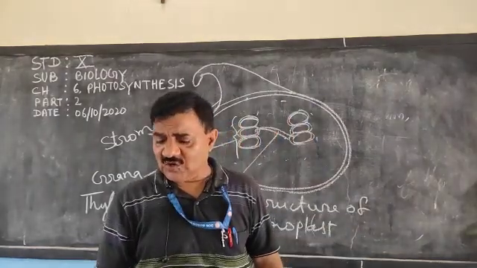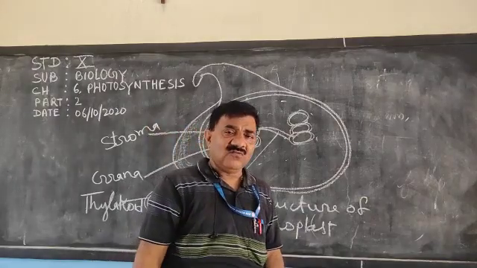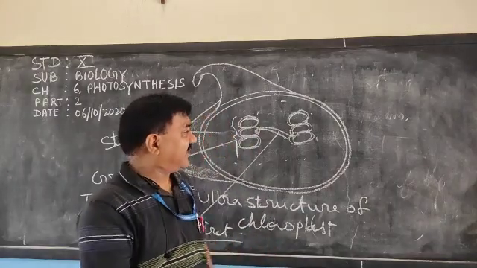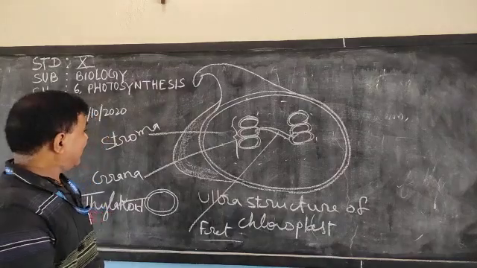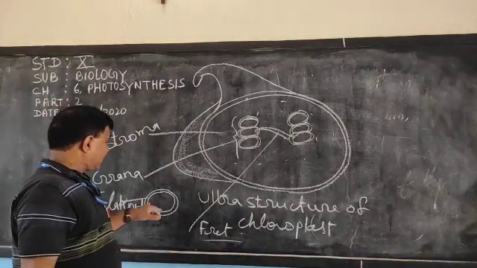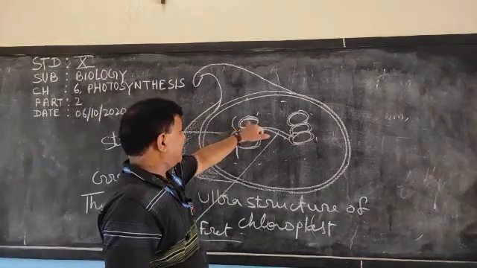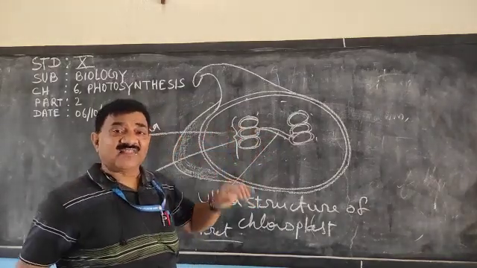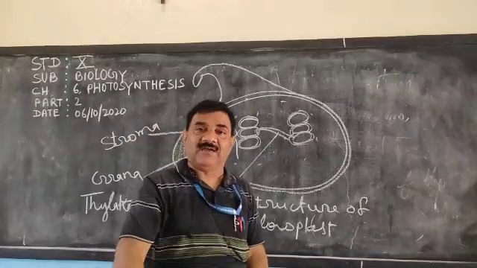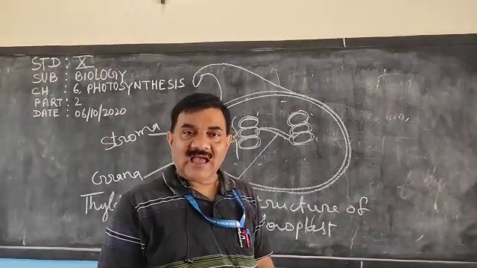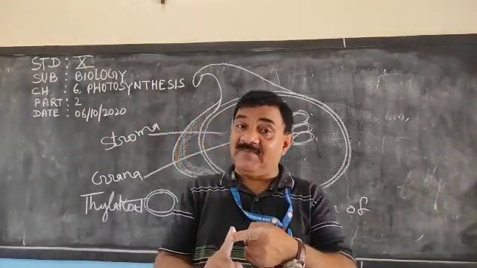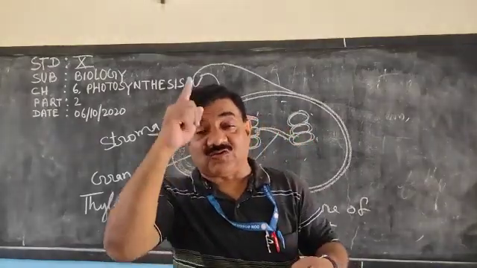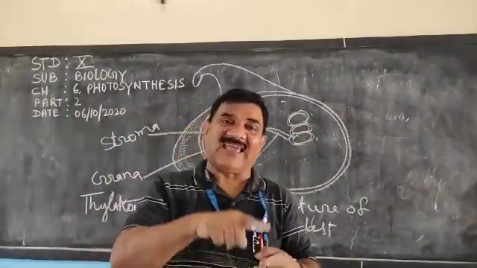And why is the chloroplast necessary? That part is important, because these thylakoids, you can see 1, 2, 3 thylakoids here, have walls containing a green pigment, and that green pigment has the capacity to convert solar energy into chemical energy.